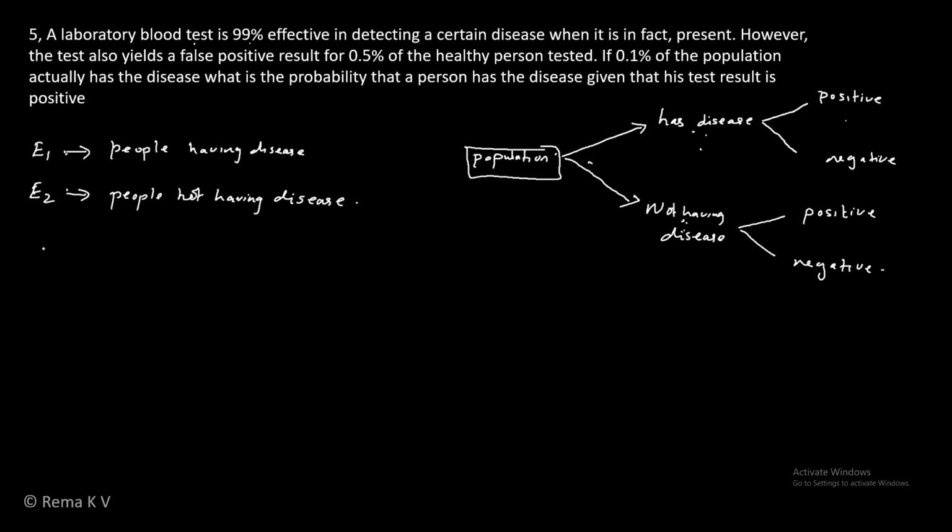Okay, so read the question and say the answer to this. Probability of E1, what is probability of E1 and what is probability of E2? What is the probability of E1?